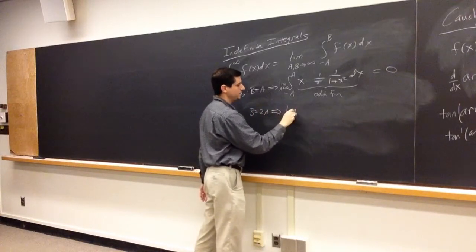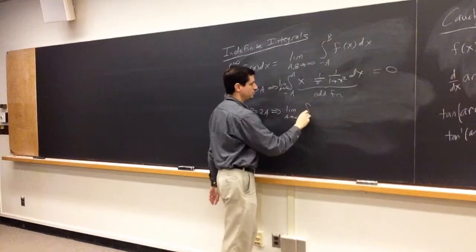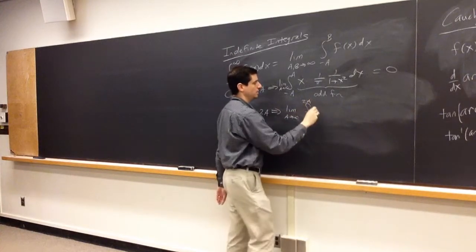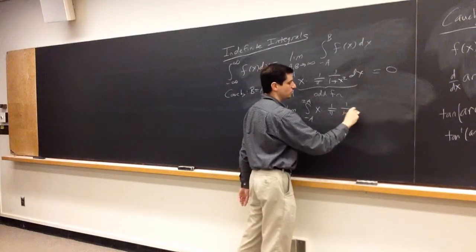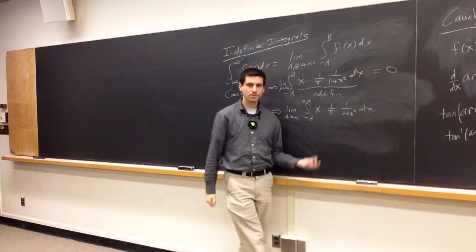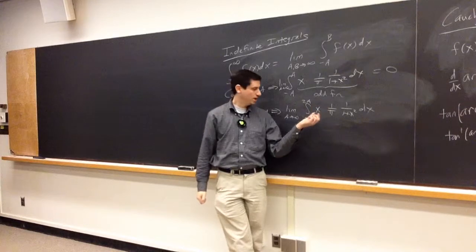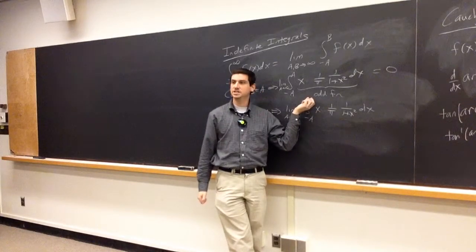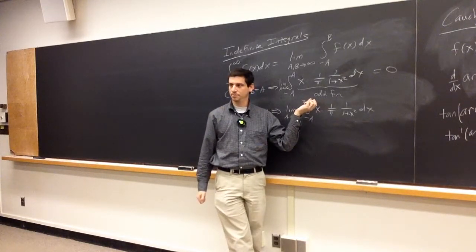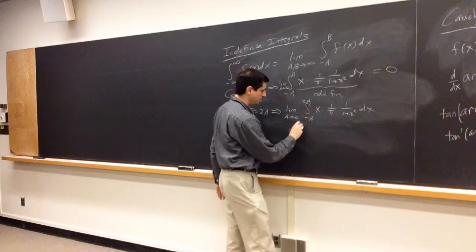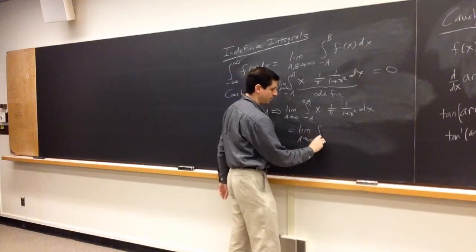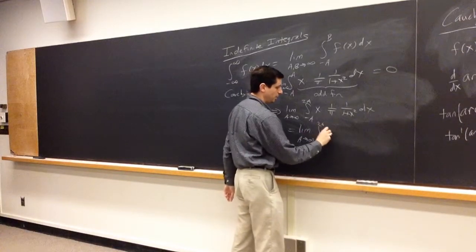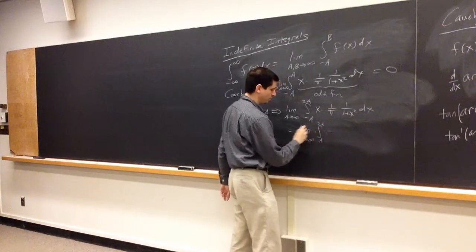And now we get the limit as a goes to infinity of the integral from minus a to 2a of x times 1 over pi, 1 over 1 plus x squared dx. Well, if I want to look at this integral, the integral from minus a to a is 0 by symmetry. So this is the same as the limit as a goes to infinity of the integral from a to 2a of x over 1 plus x squared. I'll pull out the 1 over pi.